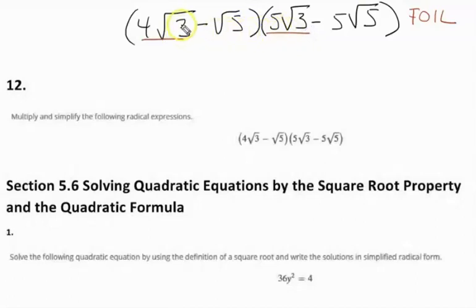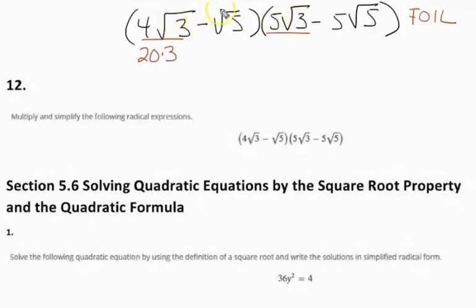Now, the square root of 3 times the square root of 3 is the square root of 9, which is 3. 5 times 4, and I'll put it this way, 20 times 3 is what this becomes. 4 times 5 is 20. Square root of 3 times the square root of 3 is the square root of 9, which is 3.